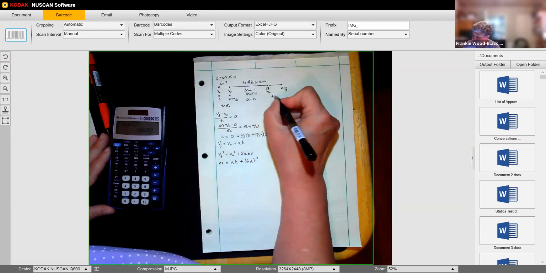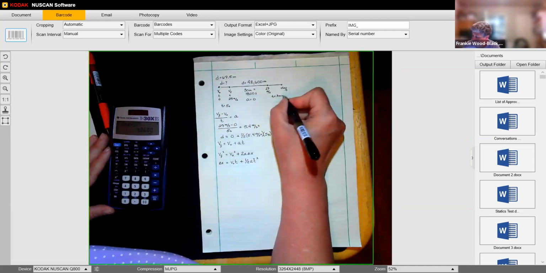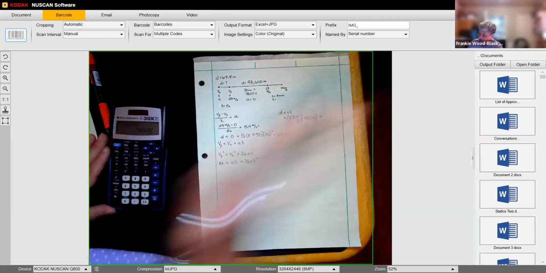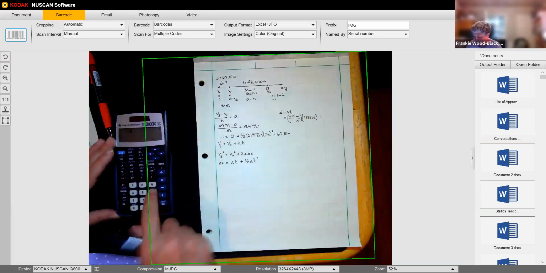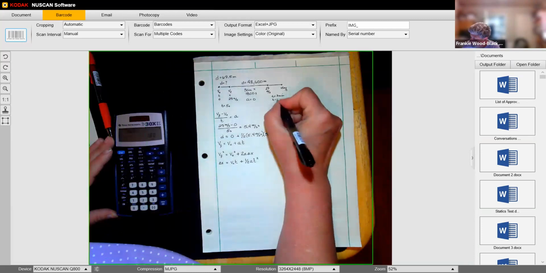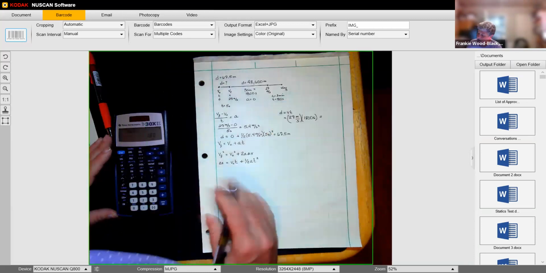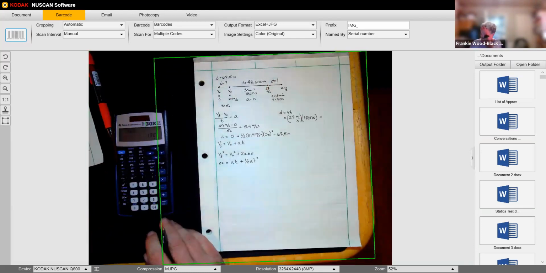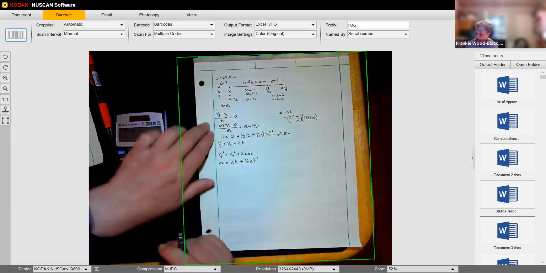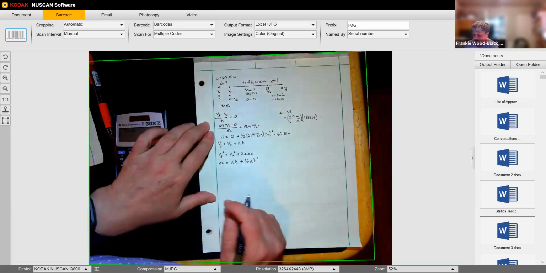Our time was 3 minutes, but we want that in seconds. So we got to figure that one out. That gives me 180 seconds. But we got to figure out our distance that took, because we need our total distance. Well, we need to know our deceleration.